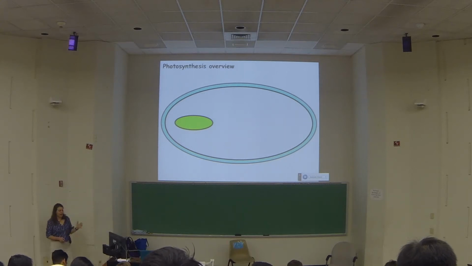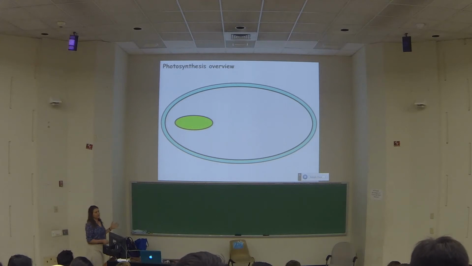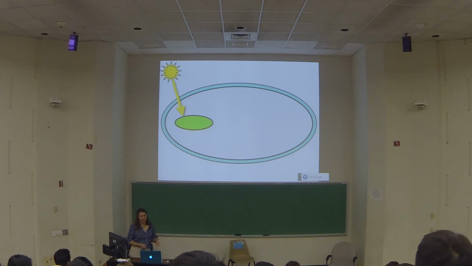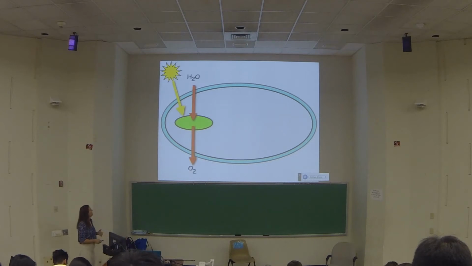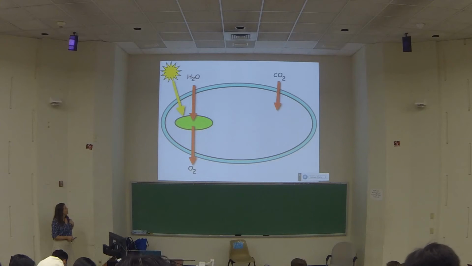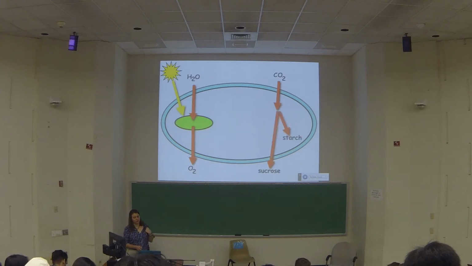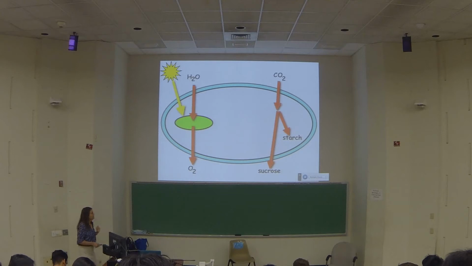The first set of reactions are the light-dependent reactions. They require sunlight, so these are happening in the thylakoid. We require light and water, and oxygen comes out as a product. And the second set of reactions, the dark reactions, we start with carbon dioxide and we produce carbohydrates.